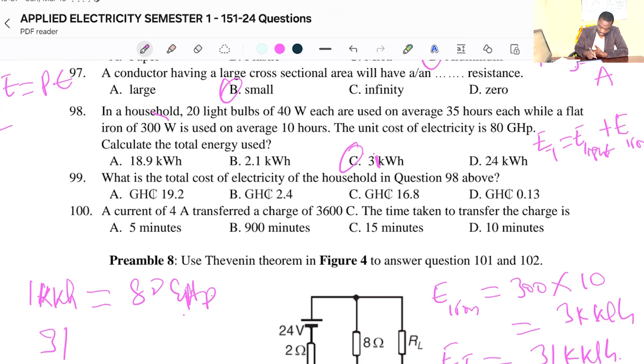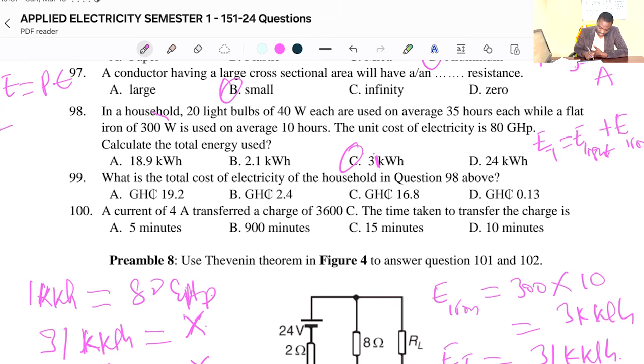And we have spent 31 kilowatt hours of energy. So that will give us the cost.